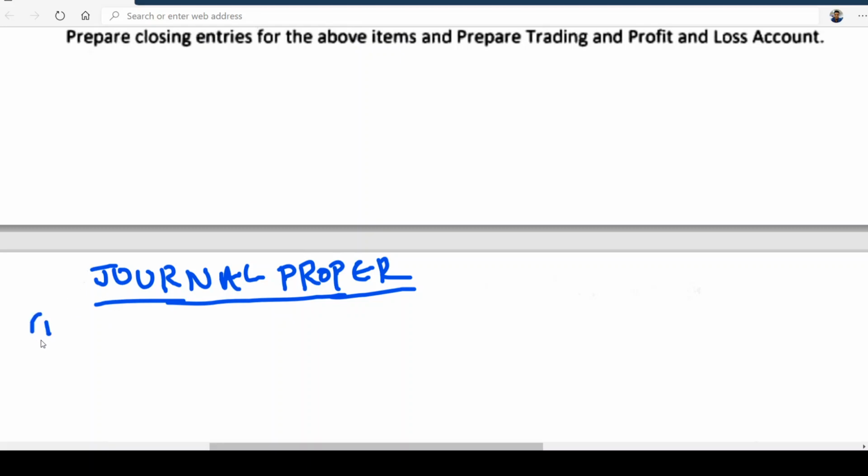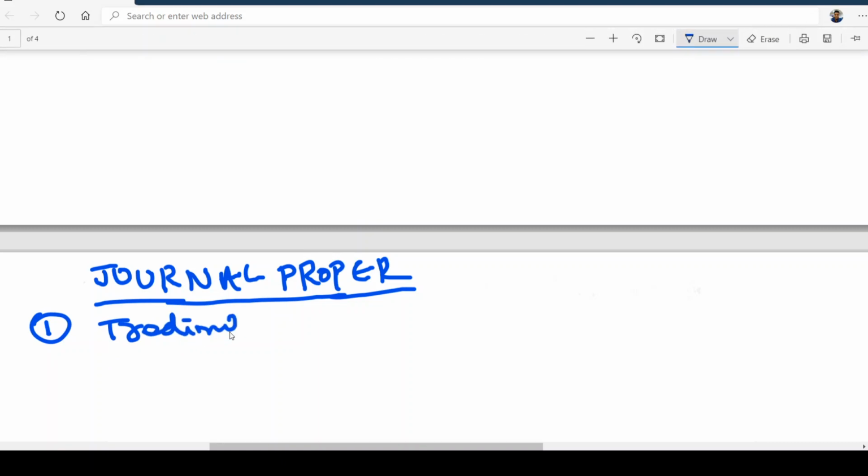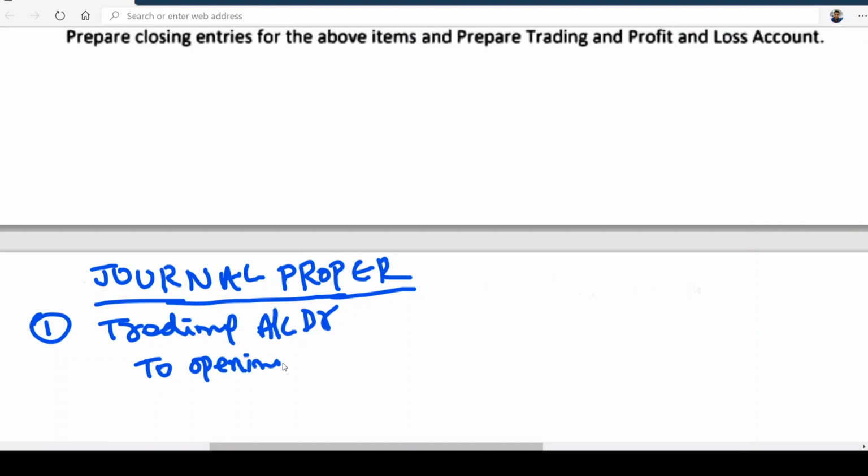Okay, first entry. Trading account debit to opening inventory. Opening inventory is how much? 1 lakh rupees.